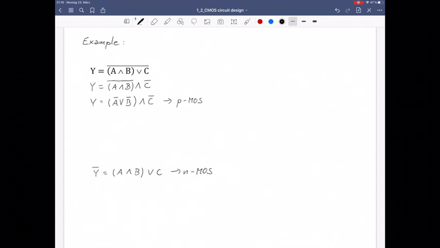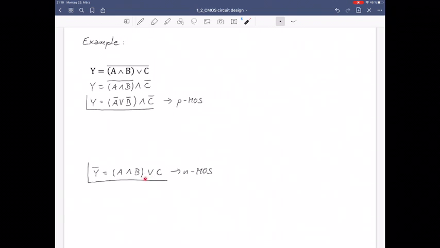Based on the two equations, the one for the PMOS block and the one for the NMOS block, we can start drawing the circuit. For drawing the circuit, we should keep in mind that if you look at the equation for the NMOS block, if we have an AND operation of two variables, then this corresponds to a series connection.